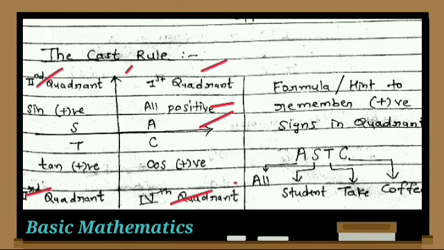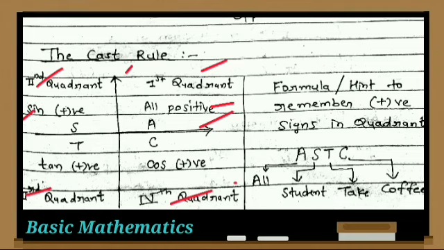In the second quadrant, only two functions are positive. First is sin theta and the other is cosec theta. There are two functions which will be positive in the second quadrant.